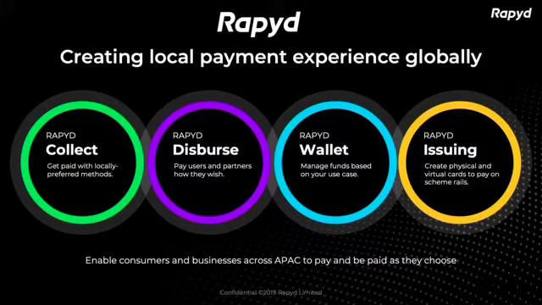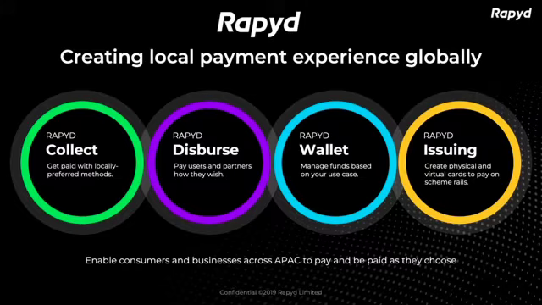And this collection and disbursement capability sits on top of an infrastructure we have created, which is called the Rapyd Wallet. It's a white label infrastructure product, which allows you to collect payments and hold them in various currencies, and then push out this money through our Disburse model anywhere in the world. And the last pillar, of course, is our capability to do issuing in certain countries, which allows you to create a customer engagement model.